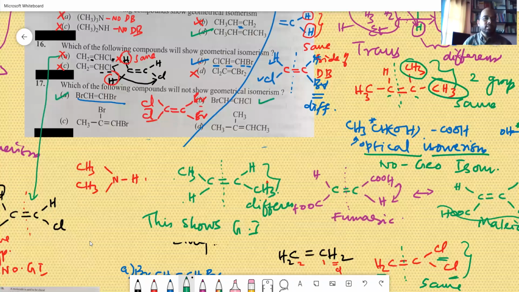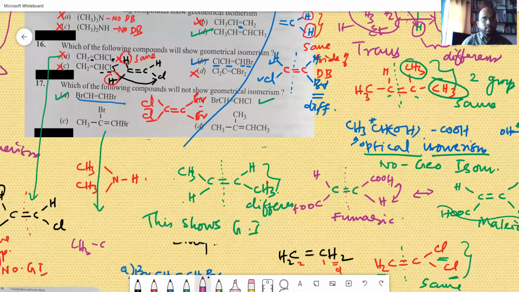Next is CH3 CHBr. I'm drawing it directly here. CH3 on one side, C double bond C, H and Br, and here you have Br.